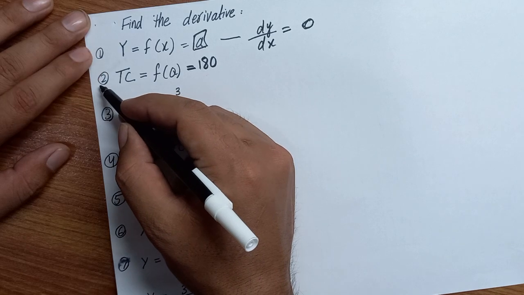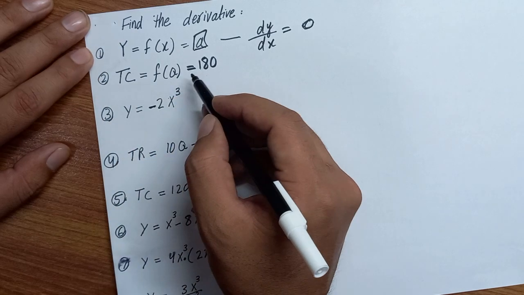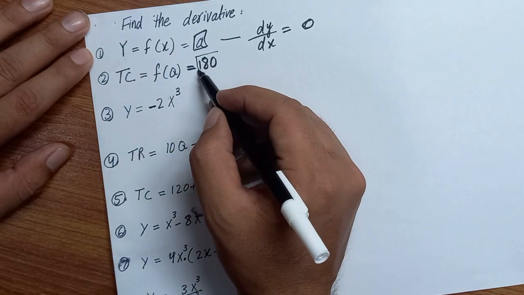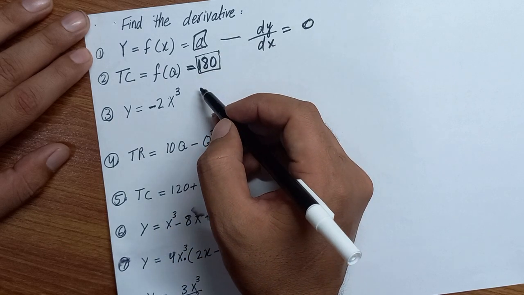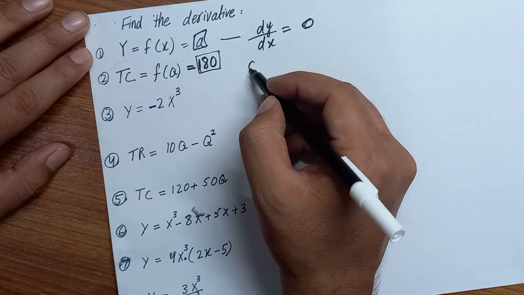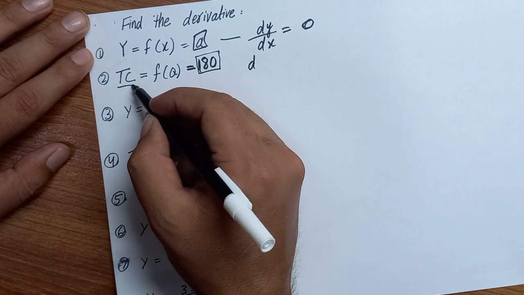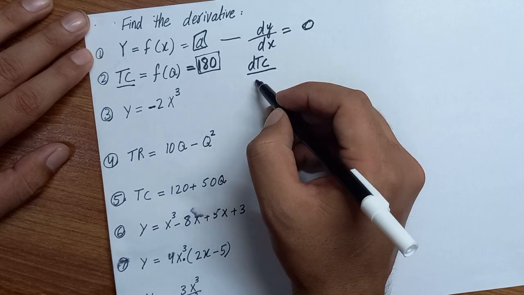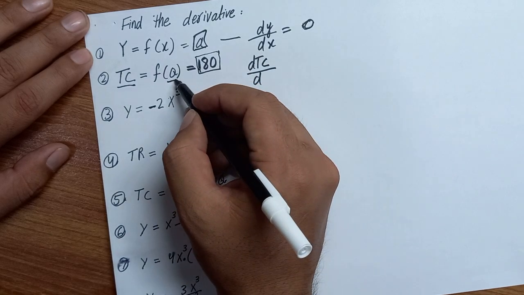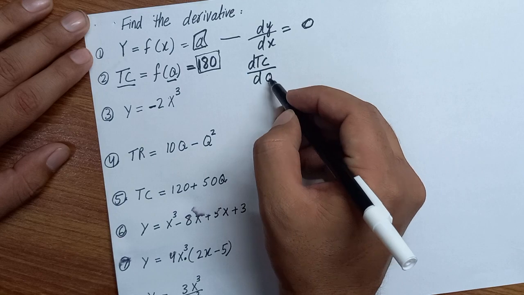Again, in the next problem we have the value of the function as 180. So 180 is constant. Again we write d TC divided by dQ.